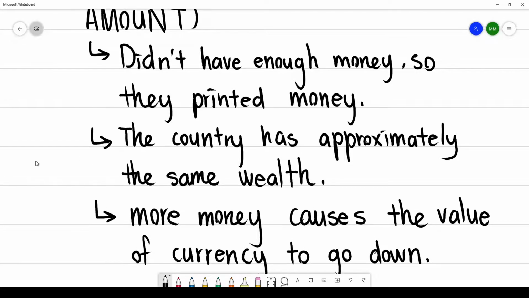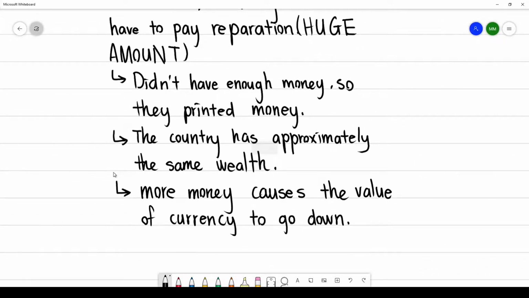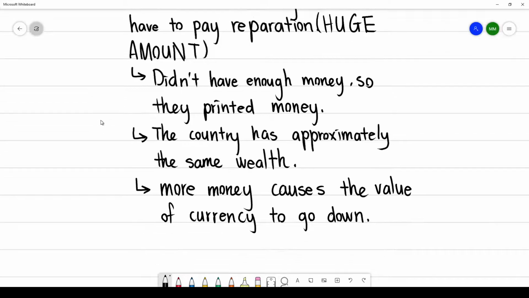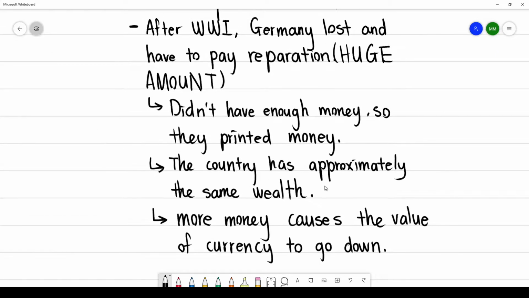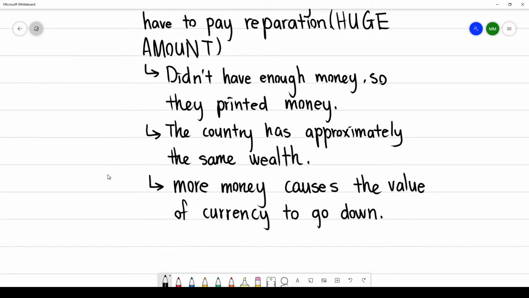In this case, the amount of paper money that they actually have and the value of the currency are what we call inversely proportional. And that is because the wealth of the country itself doesn't increase; the wealth remains constant.